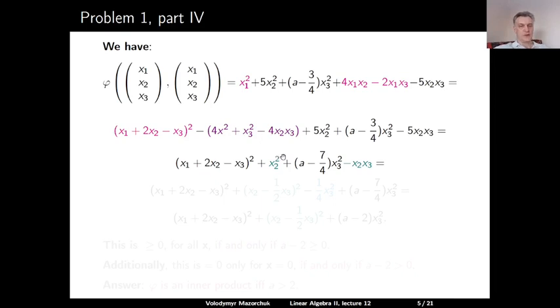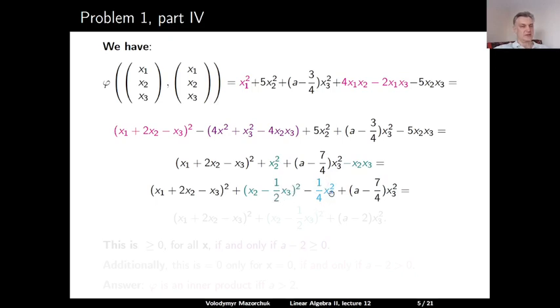So now we look at the summands x2 squared and minus x2x3. So the first big square remains the same. And then for the second part, we take (x2 minus 1/2 of this coefficient, so minus 1 over 2 x3) squared. So if we take the square, we will get this summand and this summand. And then as an extra summand, we will get 1 divided by 4 x3 squared.